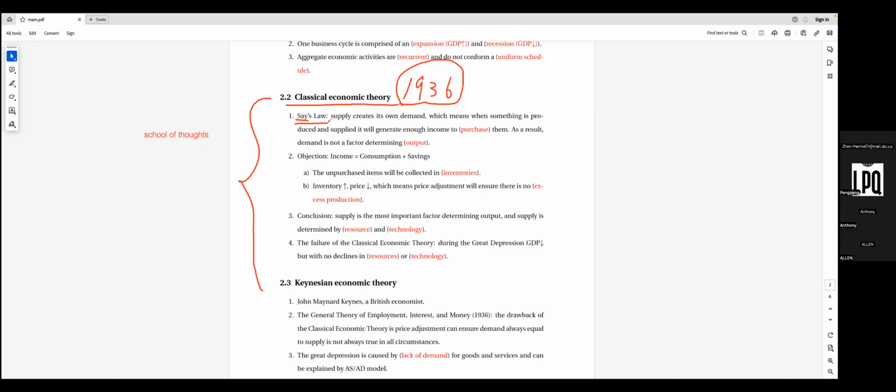So based on this law, we don't need to worry about the demand side of the market. As long as something can be produced and all the people involved in the production process can make lots of money, ultimately people will spend the money. Why do you make money? Ultimately, you want to spend it.